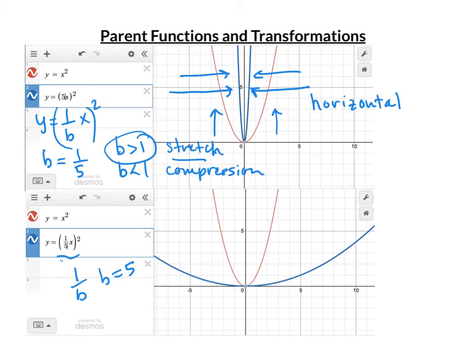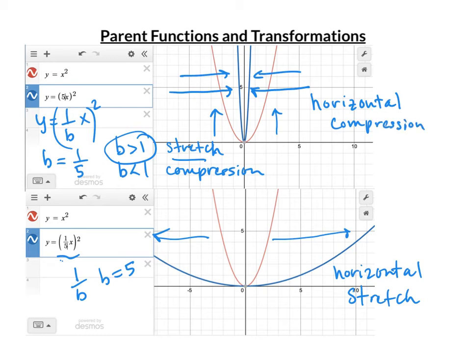So, horizontally, things are pushed away from the y-axis. This is a horizontal stretch. And above, it was a horizontal compression.